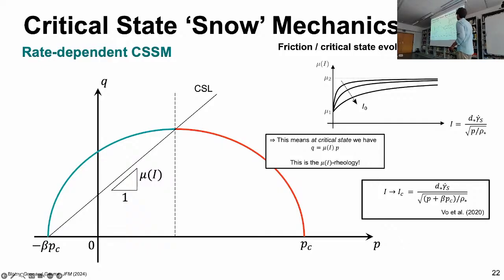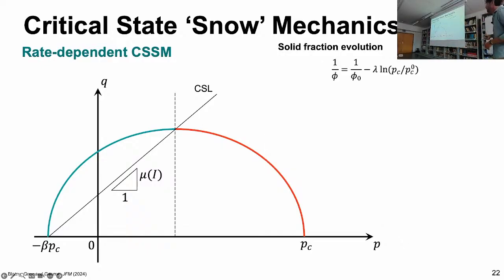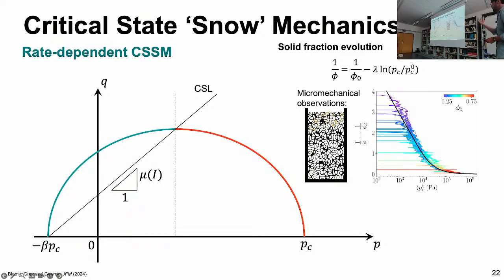What about evolution of density? We assume, for now at least, a very standard or simple evolution of density, which is well known in the slow compaction of soils and powders, and we've also shown it to be valid for snow. We do these kinds of microstructural simulations as well to figure out the evolution of density with pressure in snow.